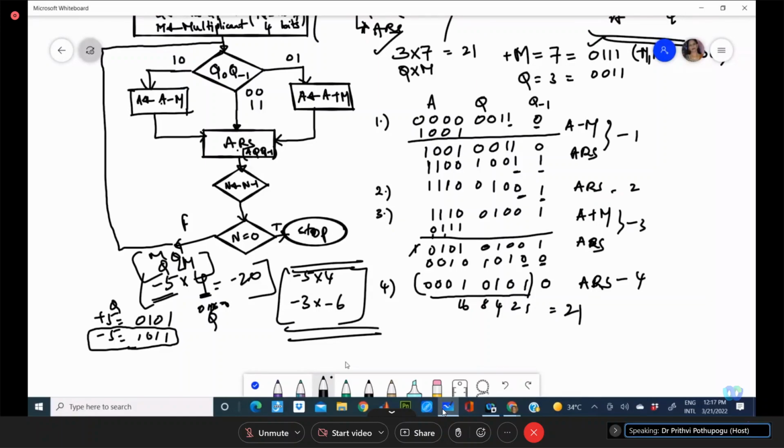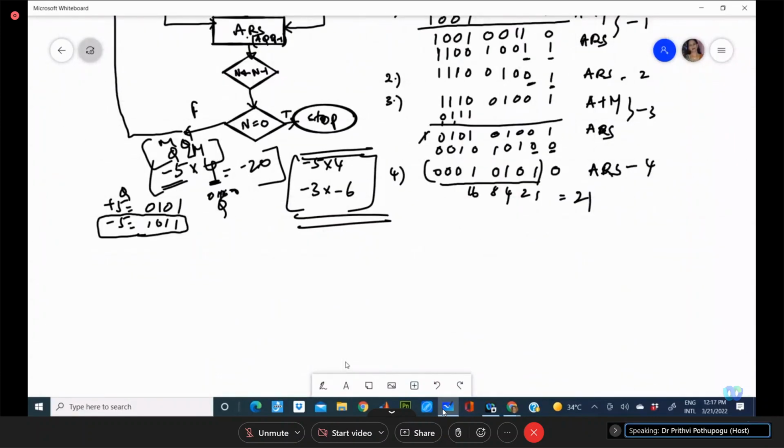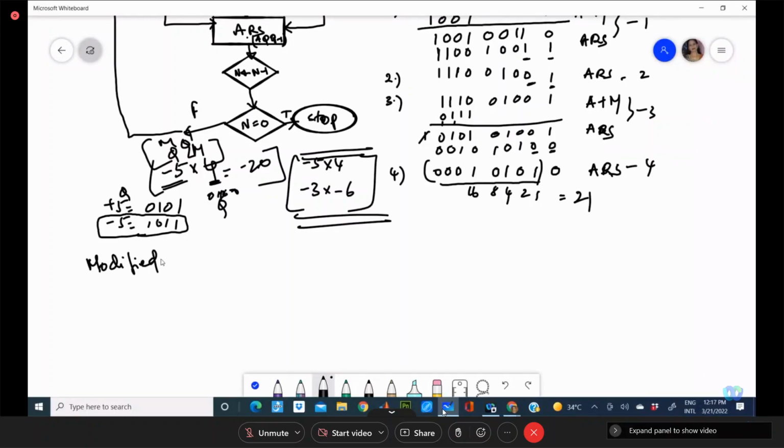Here there is some modification that is done for the Booth's algorithm, and that is called the modified Booth's algorithm, or a recoded multiplier.